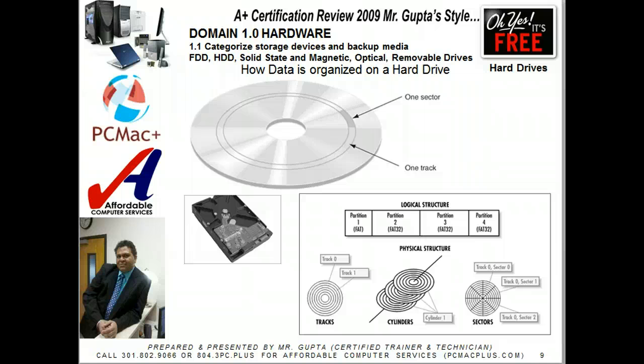Tracks and sectors are written to a hard drive before it leaves the factory in a process called low-level formatting. The total number of sectors in the drive determines the drive capacity. Today's drive capacities are usually measured in gigabytes or terabytes.